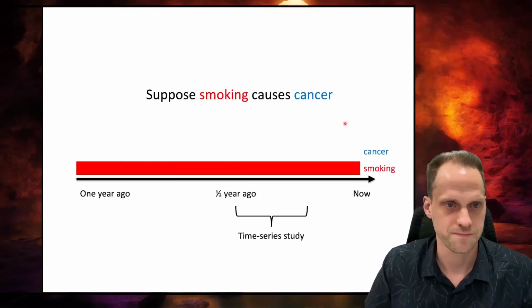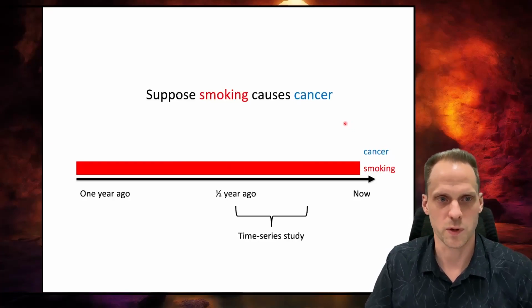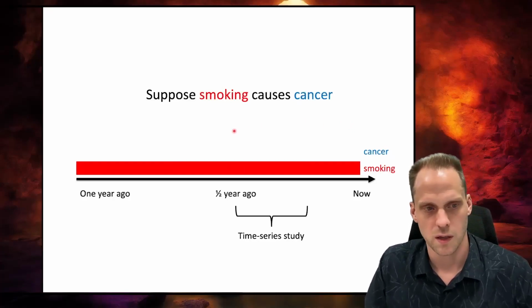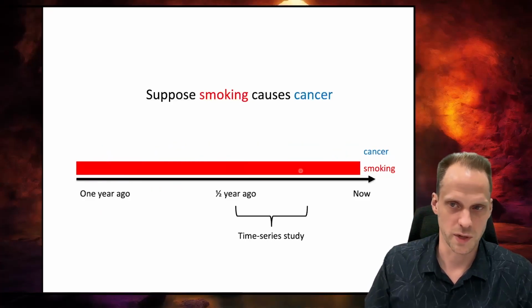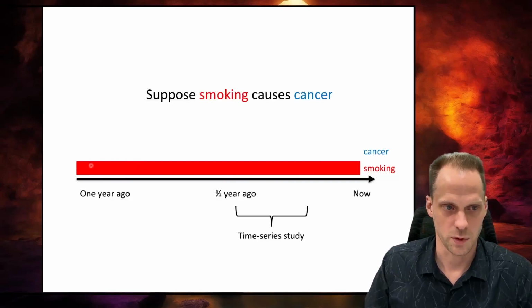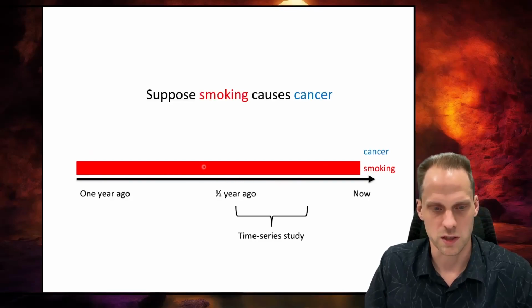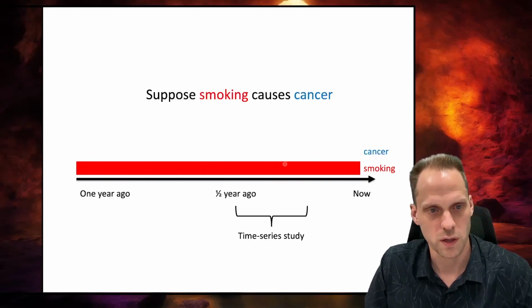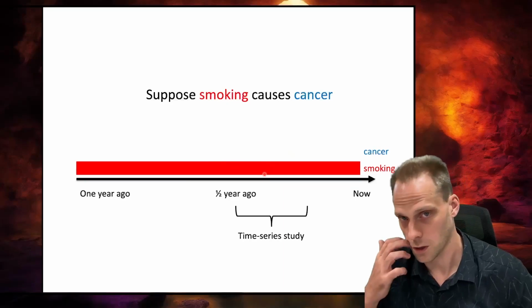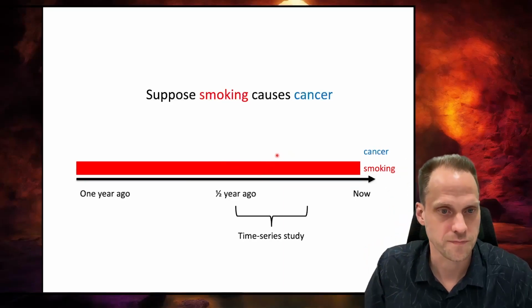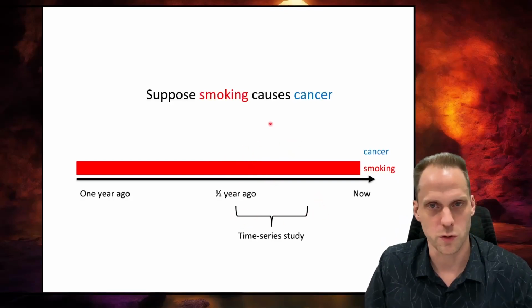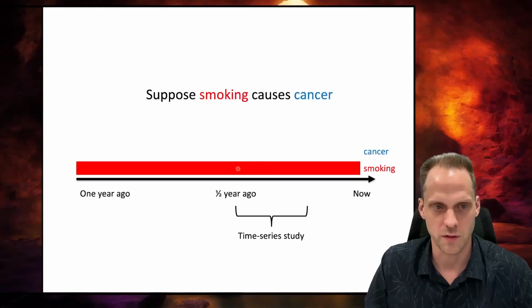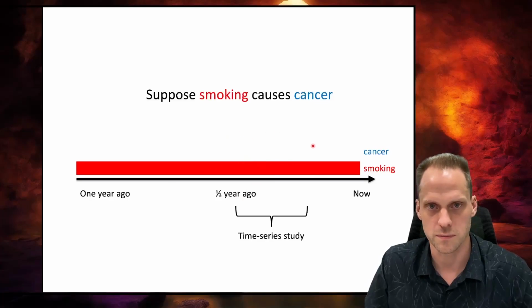But suppose you have something like this, and you have only one person that we measure over time, and that person is healthy and is smoking. And that doesn't change because the person doesn't stop smoking. There's no variance. We can't uncover anything here, right? So this time series study is not going to uncover anything. We don't have enough information. We just have here yes, here no.